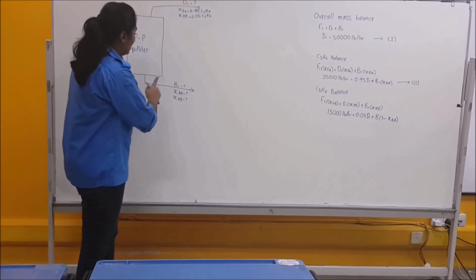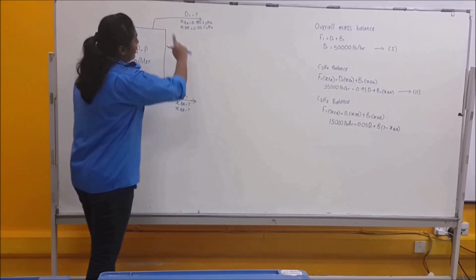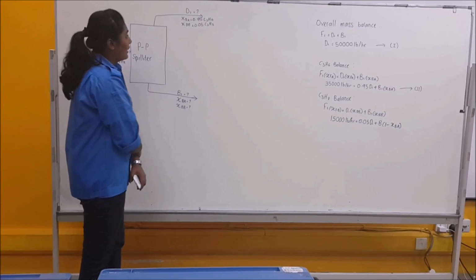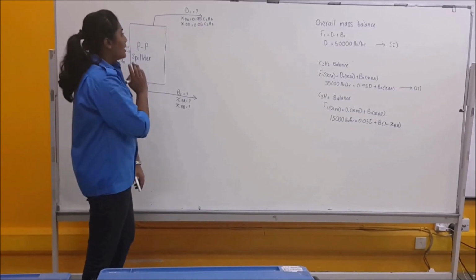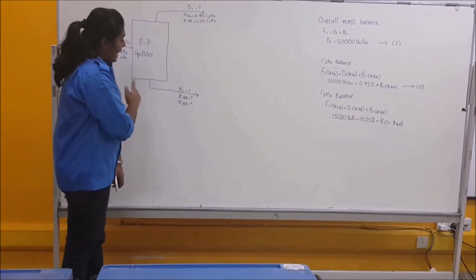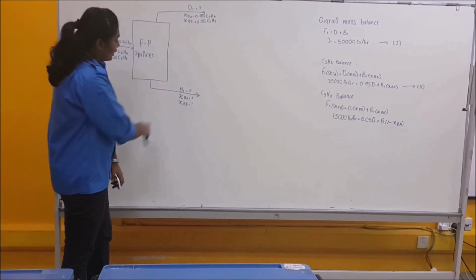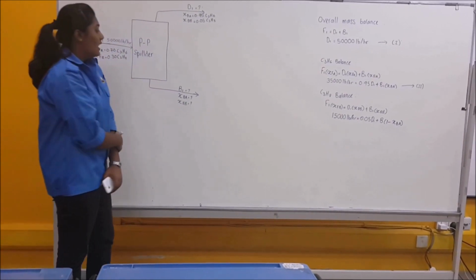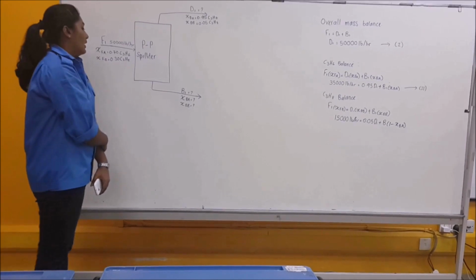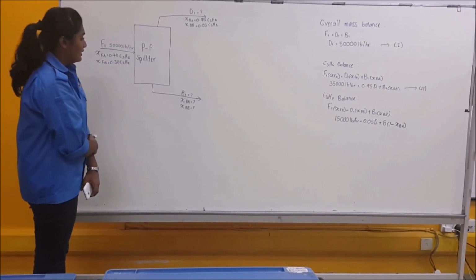So for this mass balance, we already have the mass flow rate for the feed, while we are missing the molar flow rate and mass flow rate for the distillate and for the bottom, and we even have a missing value for mole fraction.